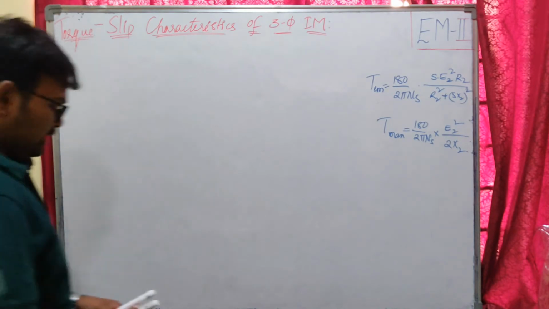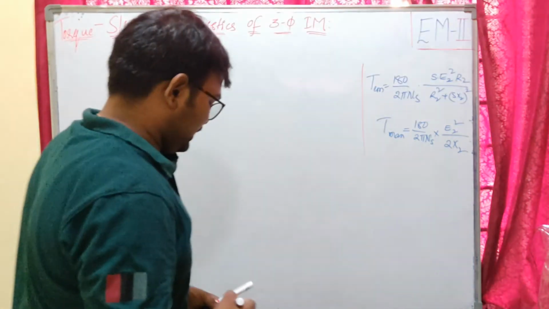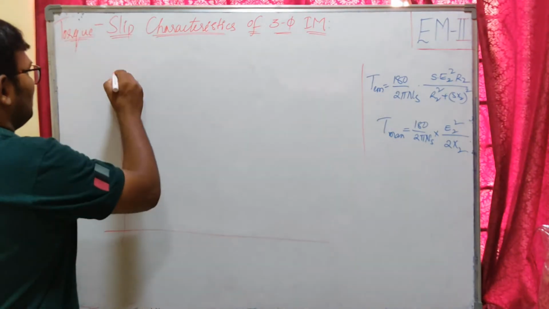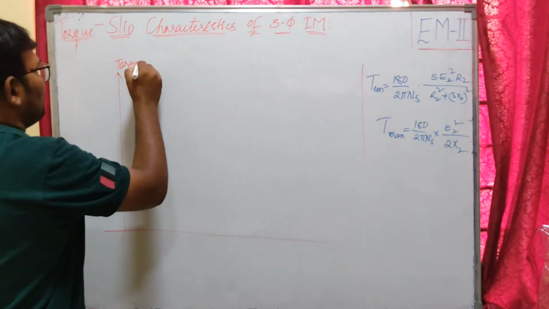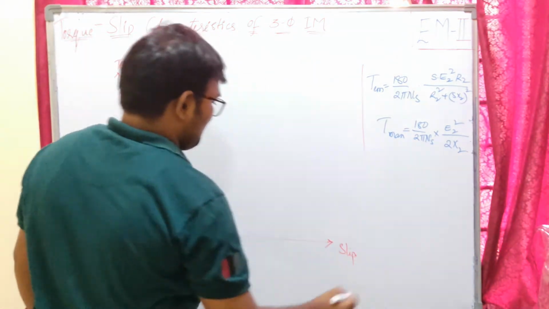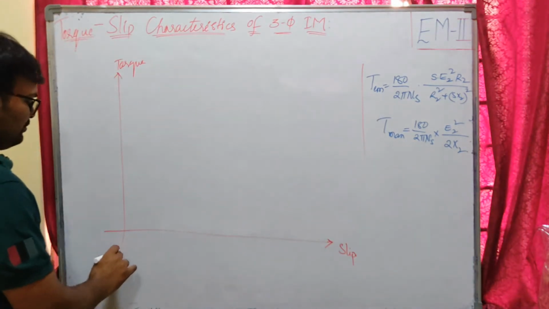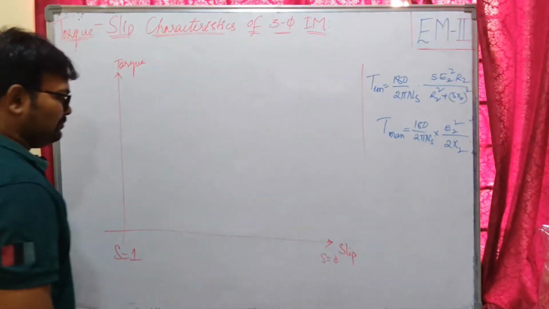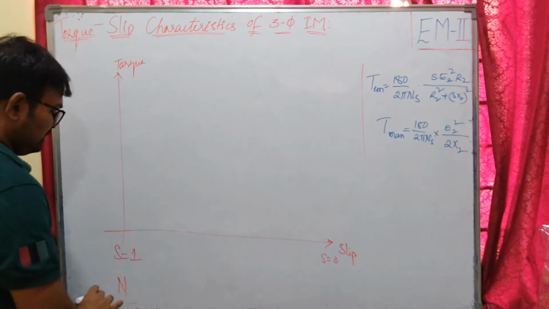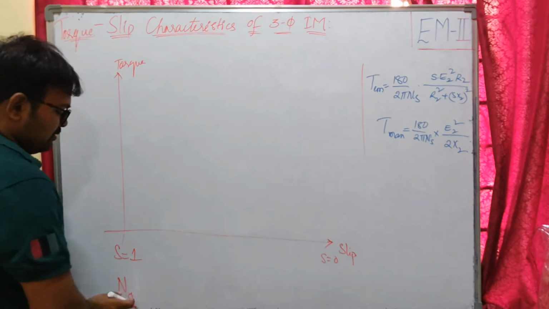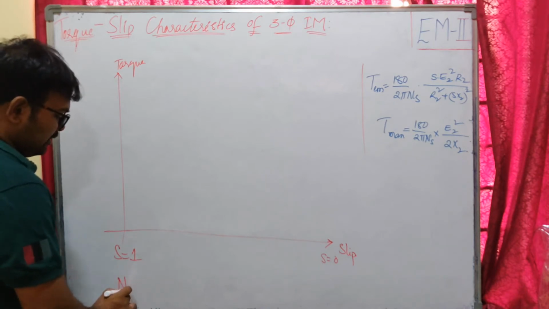Now let us draw the torque slip characteristics. For that I am going to take a graph between torque and slip. This is my torque, and this is my slip. You already know that slip ranges from 0 to 1, and speed ranges from Ns down to 0.